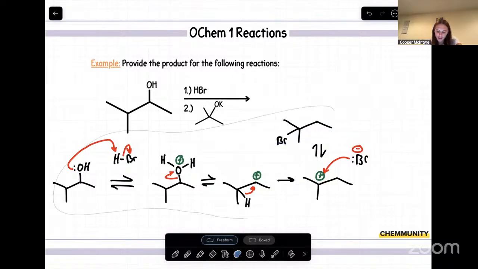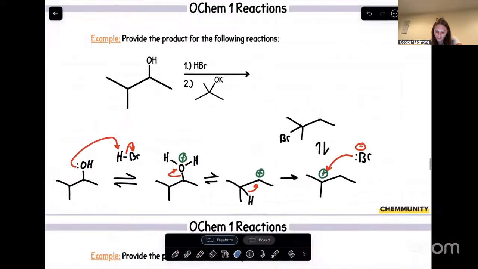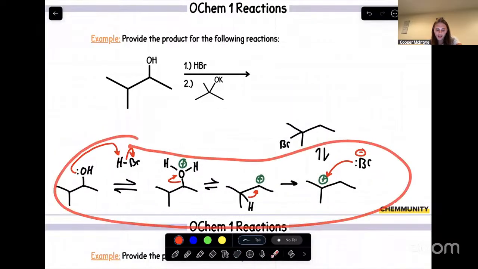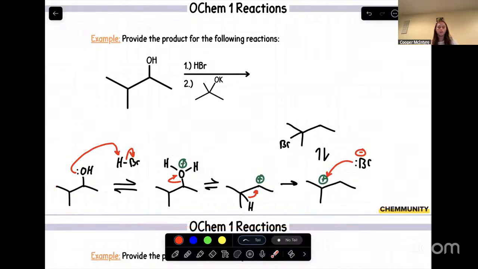And let's give ourselves a little more room for the next step. So keep in mind, this was all step one. And the reason I showcased the mechanism is just because it'll be very important in terms of forming carbocations, kind of doing those carbocation rearrangements. But now that we have our alkyl bromide, in terms of step two, we now have potassium tert-butoxide.